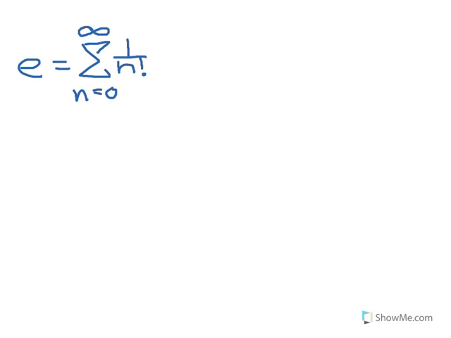So here's the process that I want you to go through. This is equal to, we're going to put 0 in for n. So 1 over 0 factorial. Plus, put 1 in for n. Put 0 in for n first, then put 1 in for n second. Plus, then you put 2 in for n.